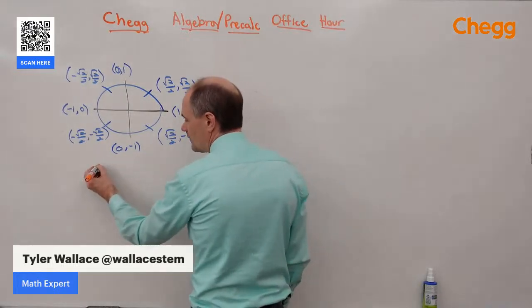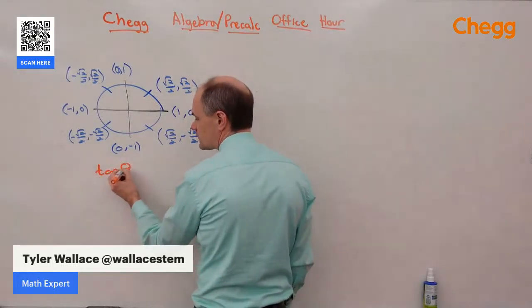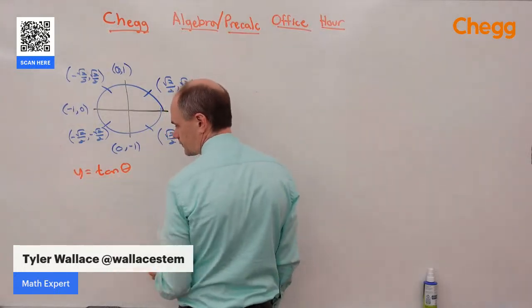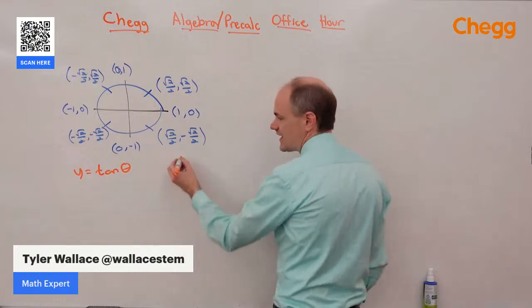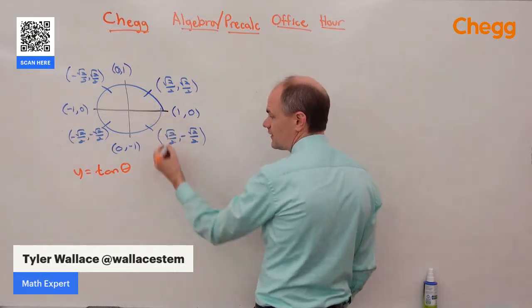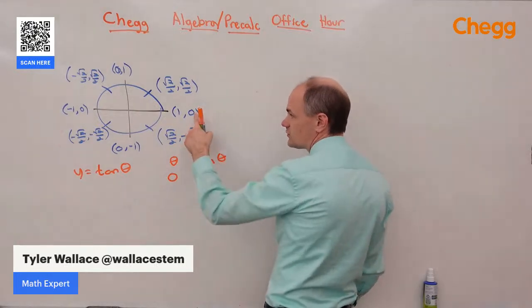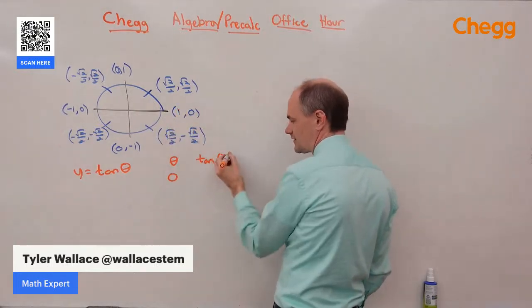All right, we're back. If we're taking the tangent of some angle, we can pick various angles and test them. So at the angle of 0, tangent of that angle is y divided by x, right?